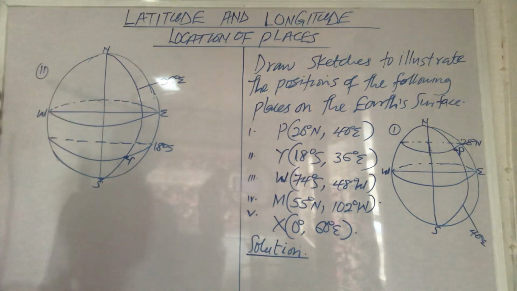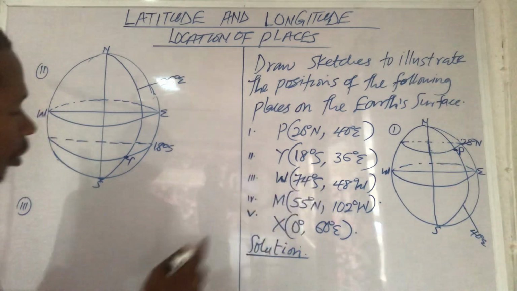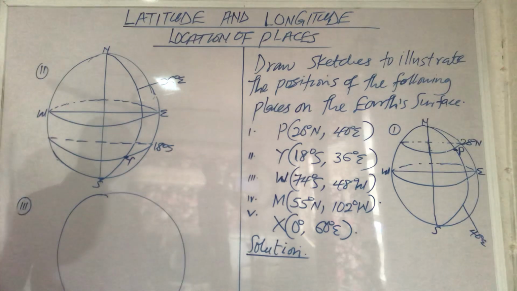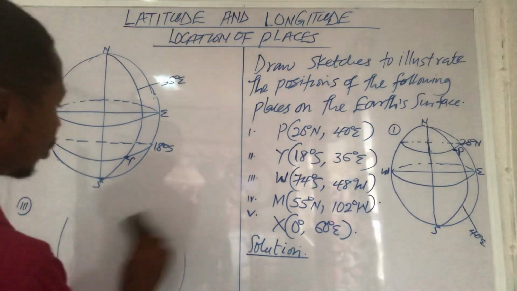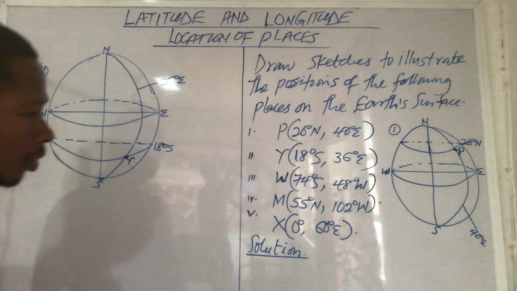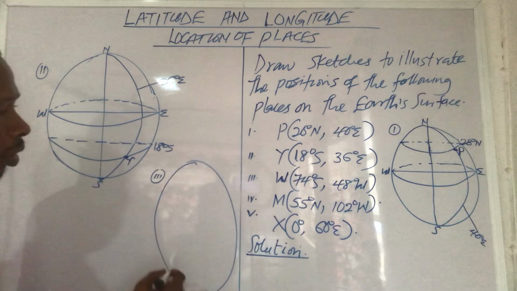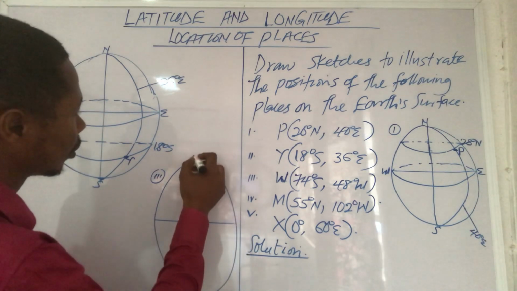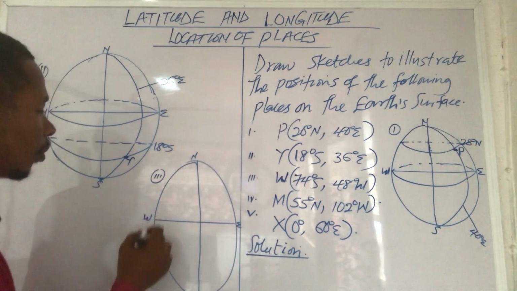So the third one, you have this. So let's draw the Earth. Let me try and draw that one here. So you have the north and south, the east and west.